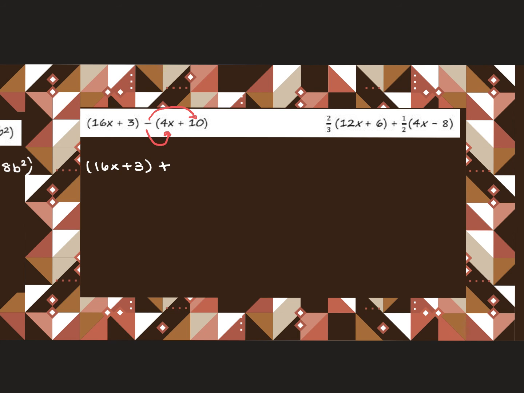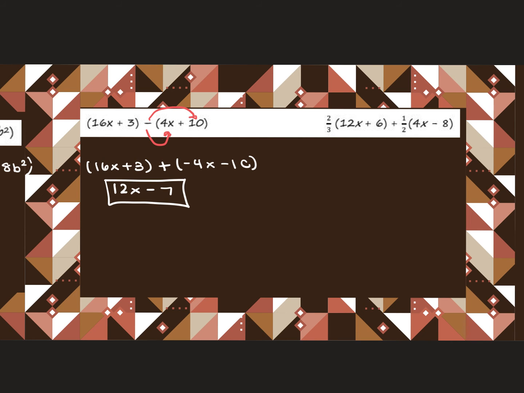Instead of subtracting, I'm going to add, and I have negative 4x minus 10. You can keep that subtraction as it is, but it's a little more helpful for me to distribute that negative. So I have 16x plus a negative 4x, which gives me 12x, and I have 3 plus a negative 10, which gives me a negative 7.